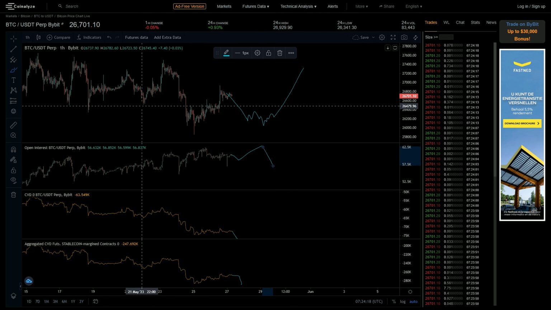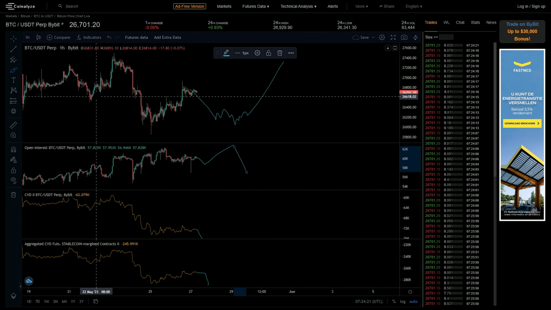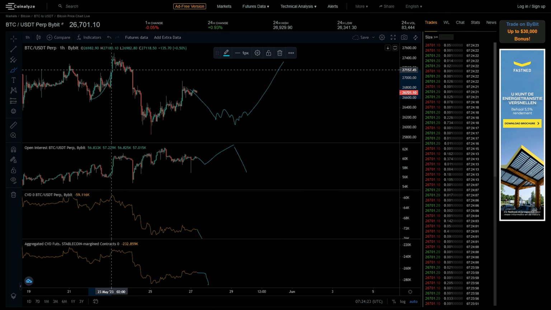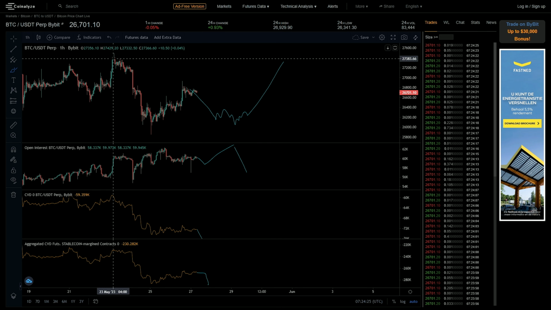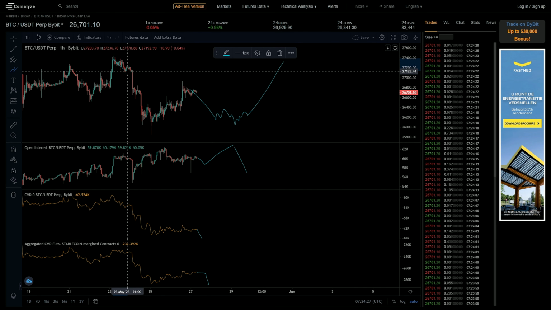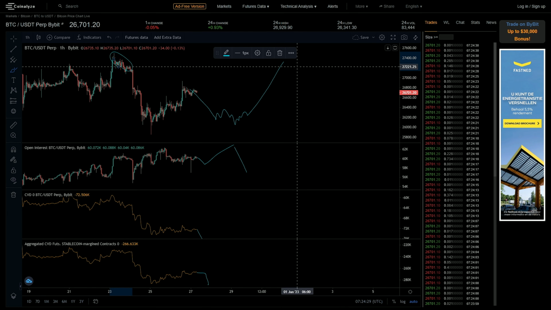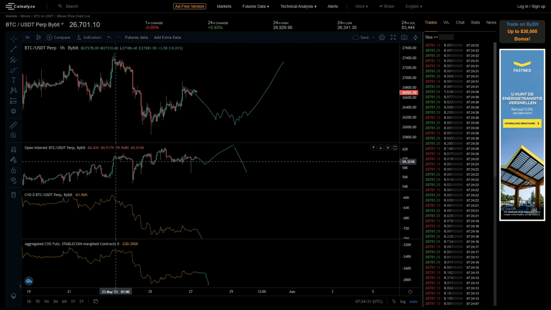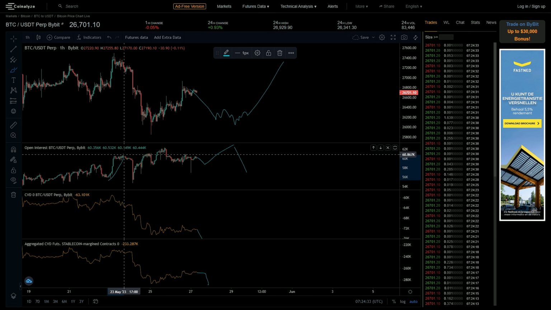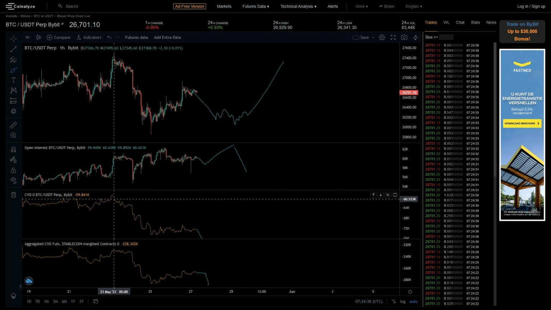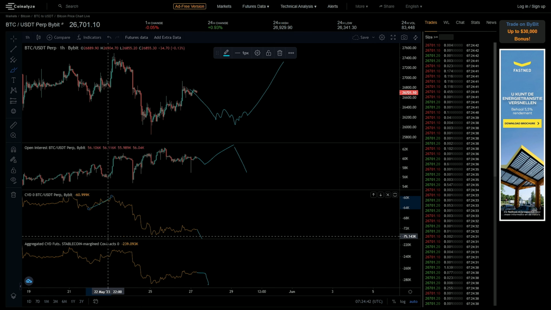Okay, for example, over here, got this push towards the upside, right? Then over here starts to consolidate the Bitcoin price. While the price is consolidating over here, you can see that the open interest was rising massively, right? CVD was also indicating that longs were being opened over here, right?